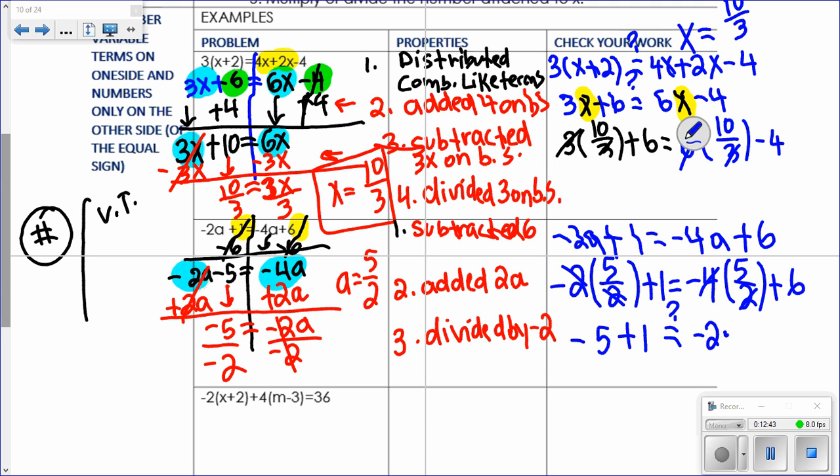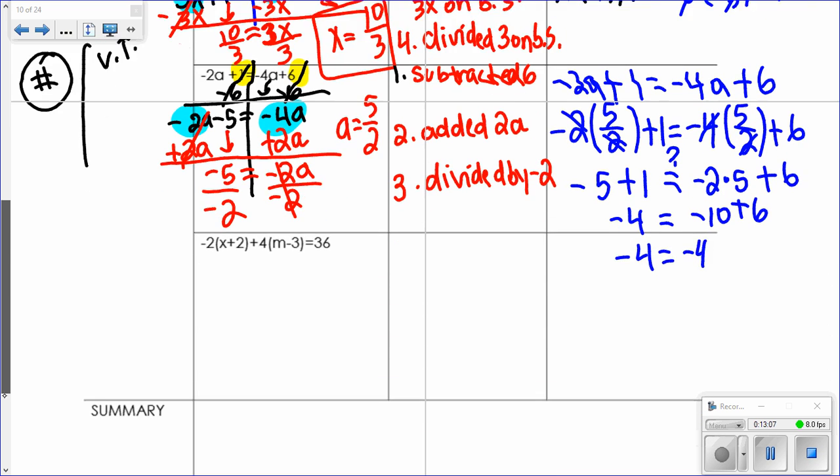I'm left with a negative 2 times 5 plus 6. Negative 5 plus 1 is negative 4. Does this equal negative 10 plus 6? Well, negative 4 does equal negative 4. So that's my checking the work. It's true. Okay? So far, so good, guys.